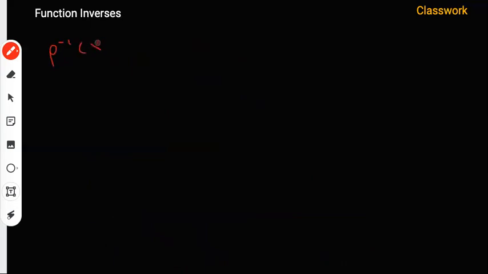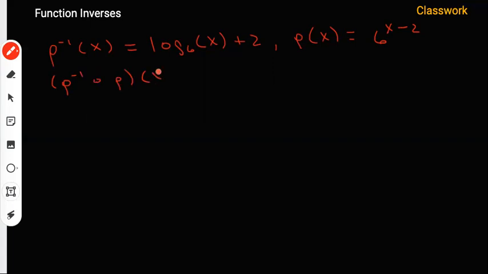I know that P inverse is log base 6 of x plus 2, and P of x is 6 to the x minus 2 power. So let's make sure that when we compose those, we get back x.